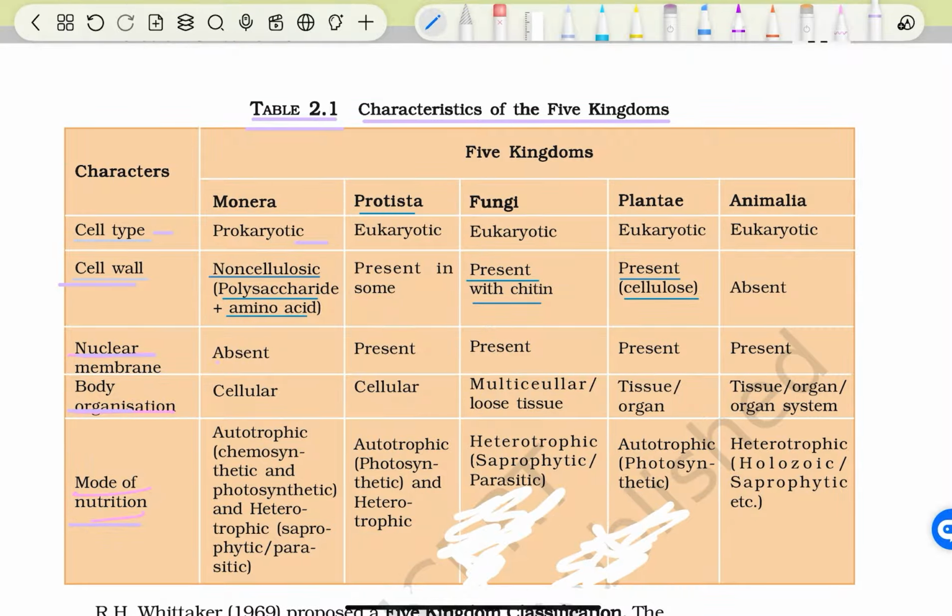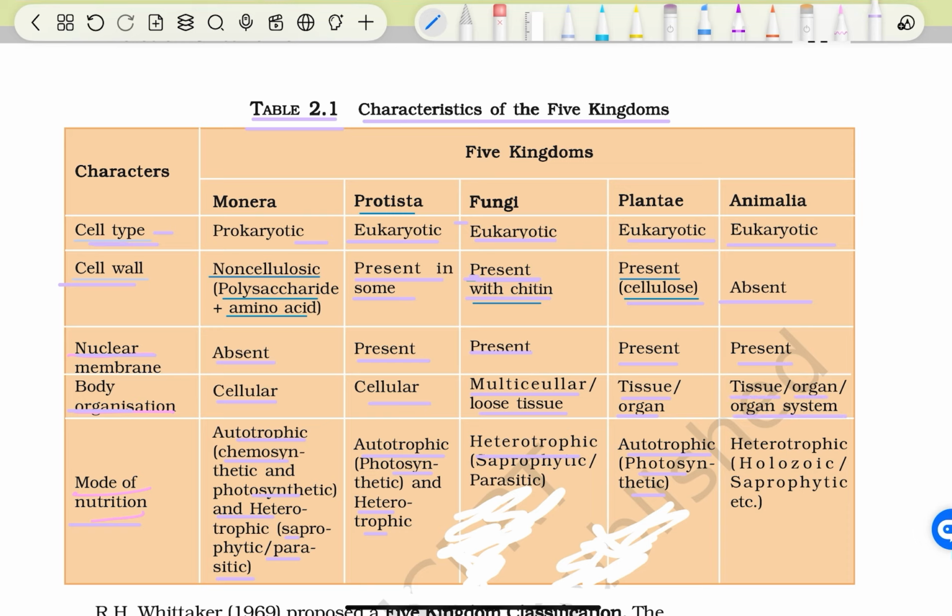In Plantae, the cell type is eukaryotic, cell wall is present, made of cellulose, nuclear membrane is present, body organization is tissue or organ, mode of nutrition is autotrophic, photosynthetic. In Animalia, the cell type is eukaryotic, cell wall is absent, nuclear membrane is present, body organization is tissue to organ system, and mode of nutrition is heterotrophic, holozoic, or saprophytic, etc.